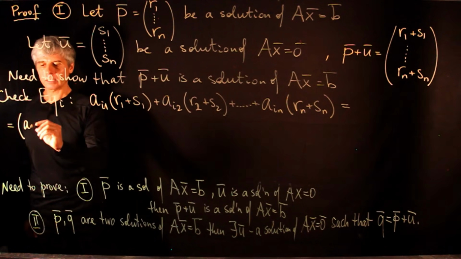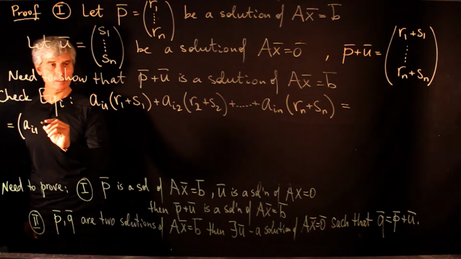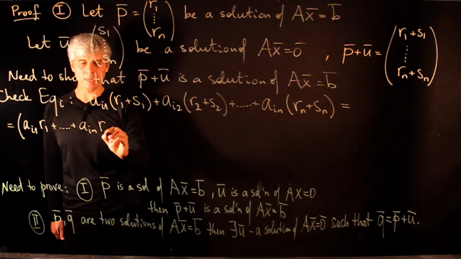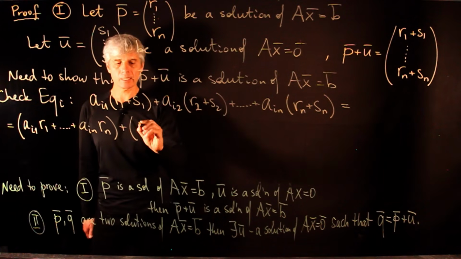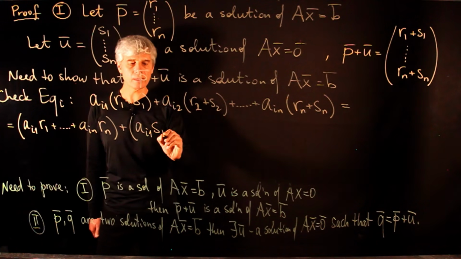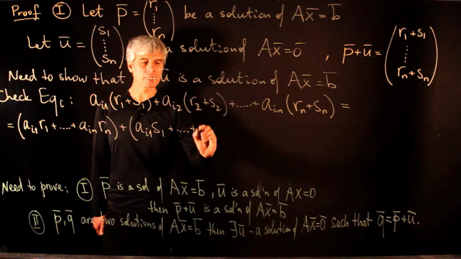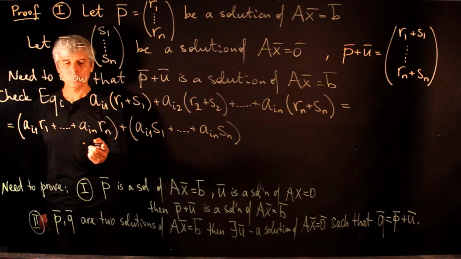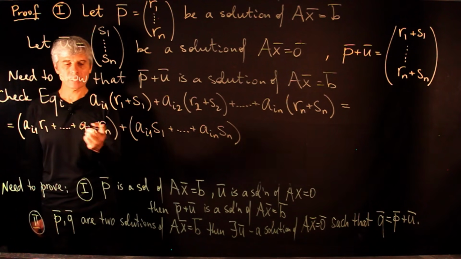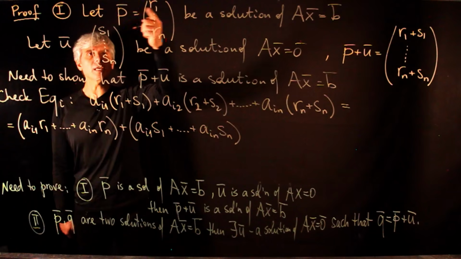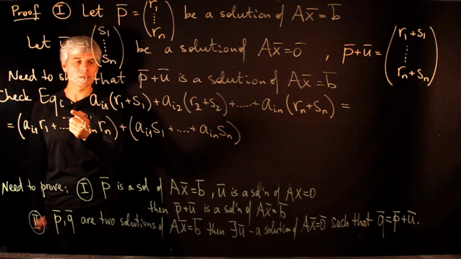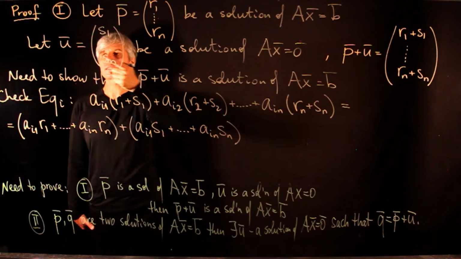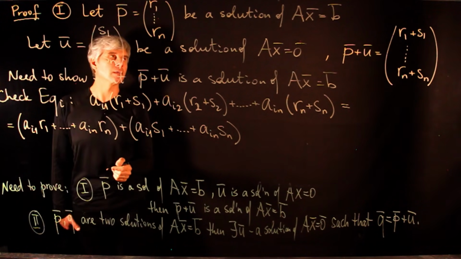We can write it as AI1 R1 plus ... plus AIN Rn, plus AI1 S1 plus ... plus AIN Sn. Here the first sum is the substitution of P into equation number I, and the second sum is the substitution of S's, or U, in equation number I.